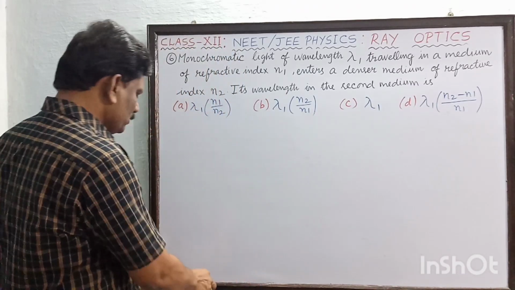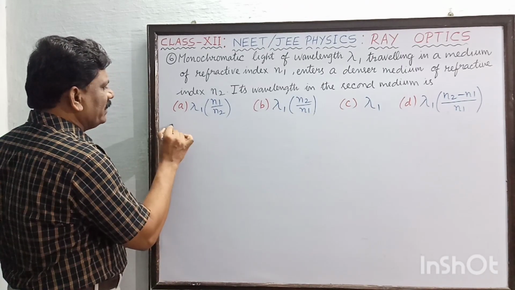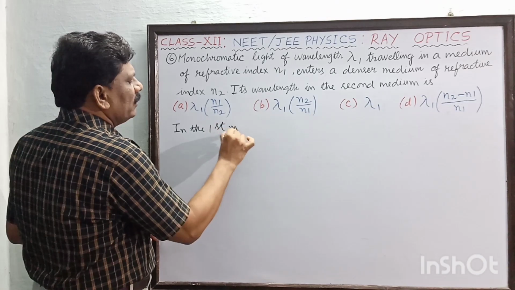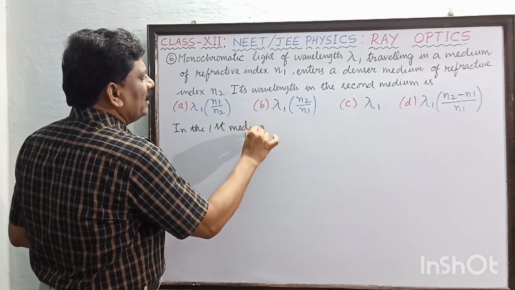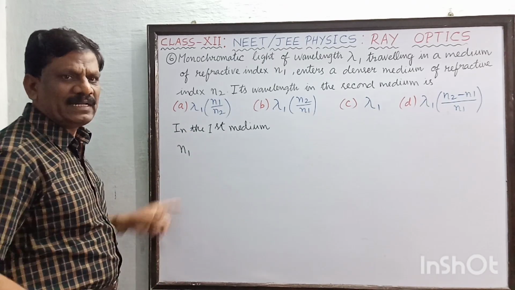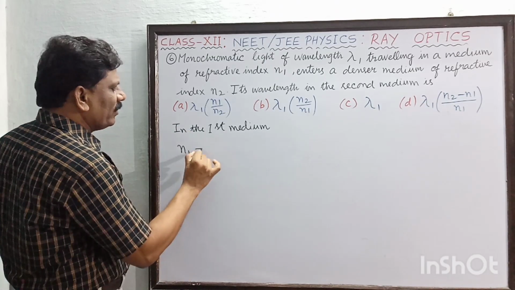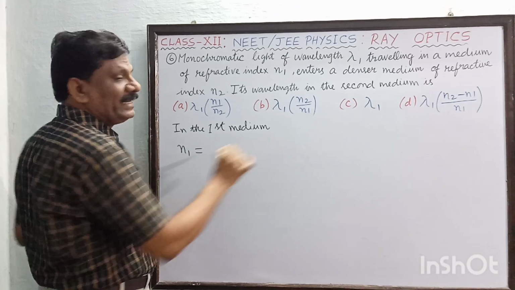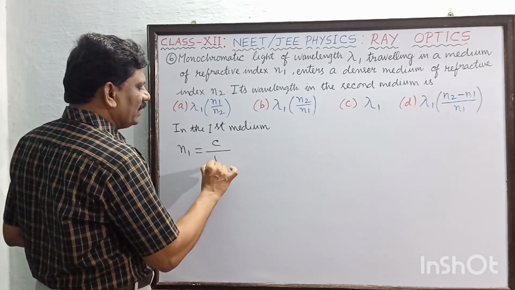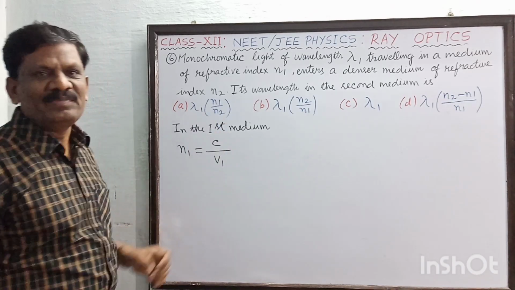Now, in the first medium, what is its refractive index? The refractive index of the first medium is taken as n1. This is equal to the velocity of light in air, that is c, divided by the velocity of light in the first medium.